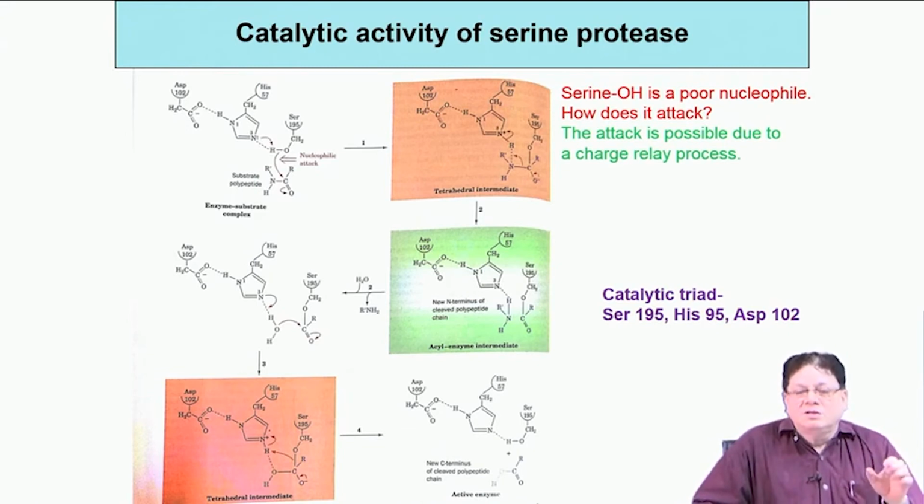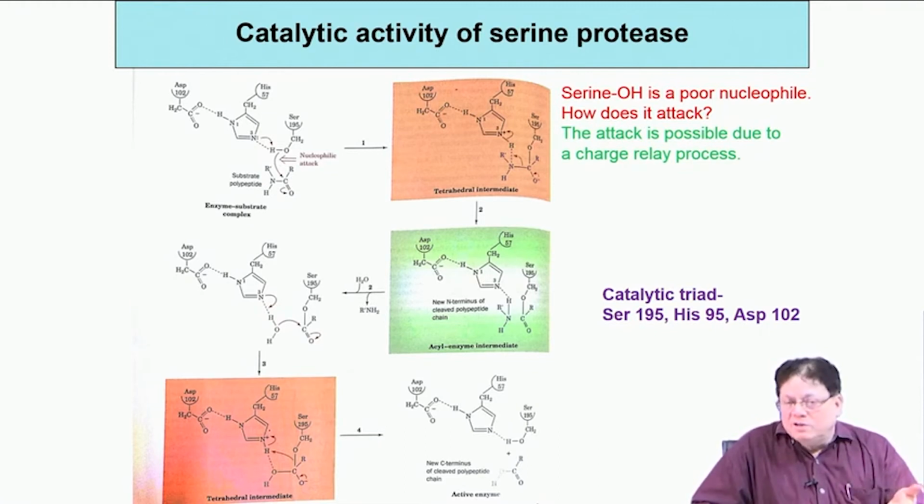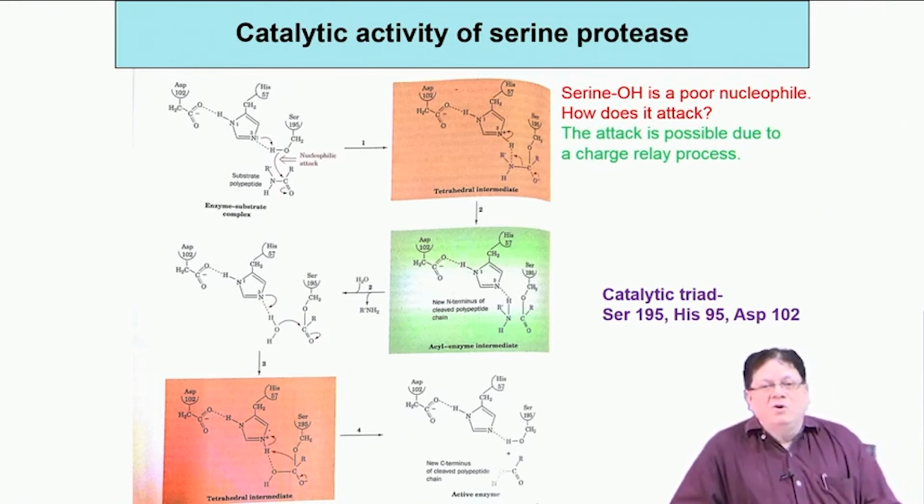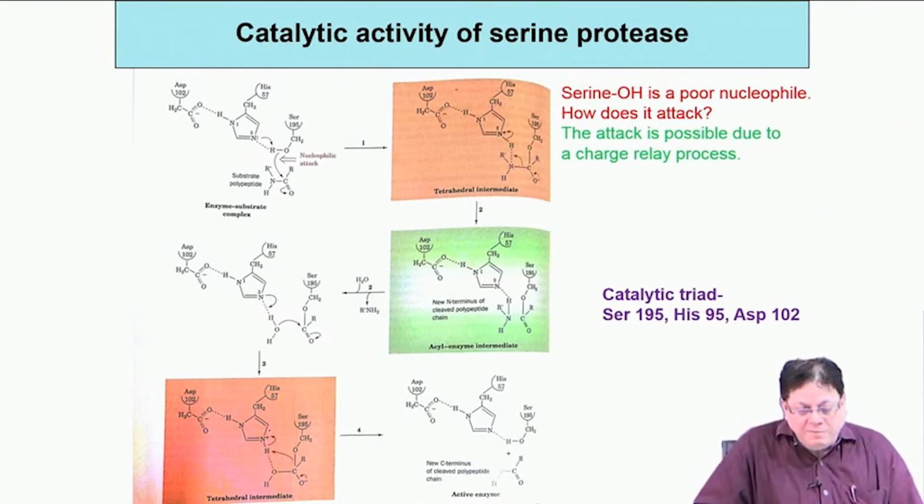Then there are cysteine proteases, where SH is the nucleophile. Cysteine proteases are also called thiol proteases. Then you have a metalloprotease where a metal ion is required, that is a cofactor. And another one is called aspartyl protease, where aspartic acid remaining at the active site assists in hydrolyzing the amide bond or the peptide bond, the same thing.